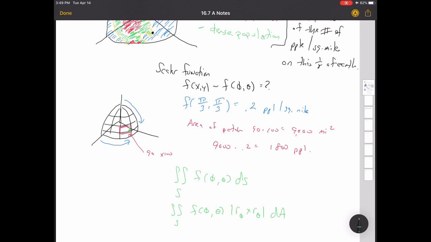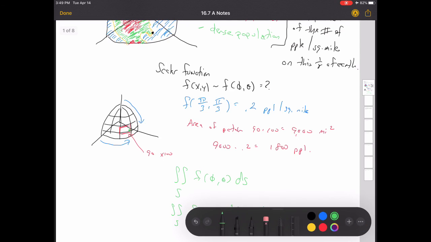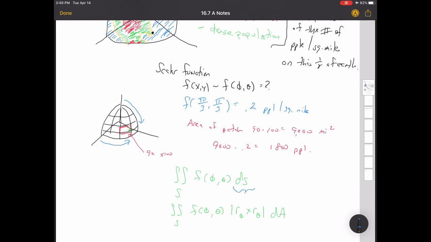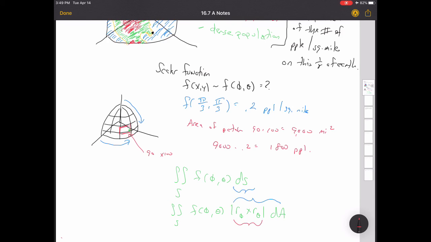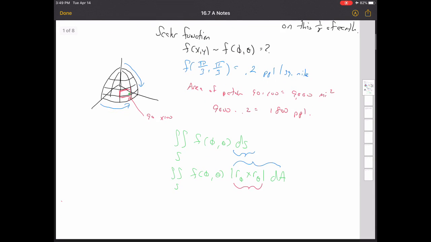So this whole thing right here is dS, but this piece by itself was just the area of the patch, assuming it is parameterized.